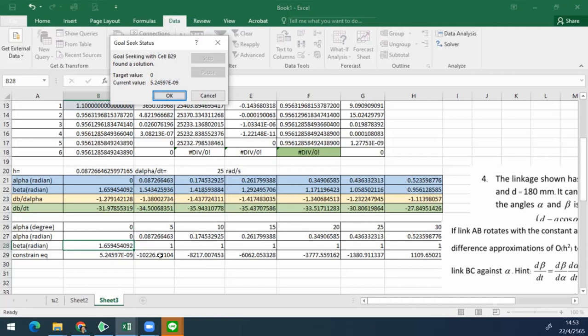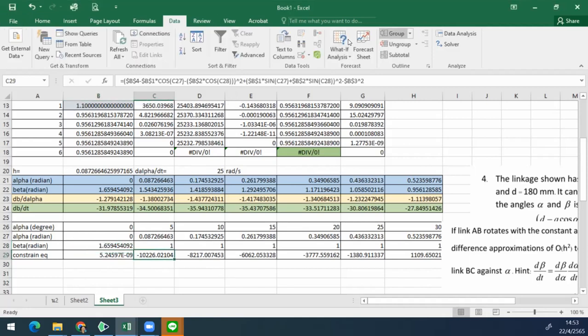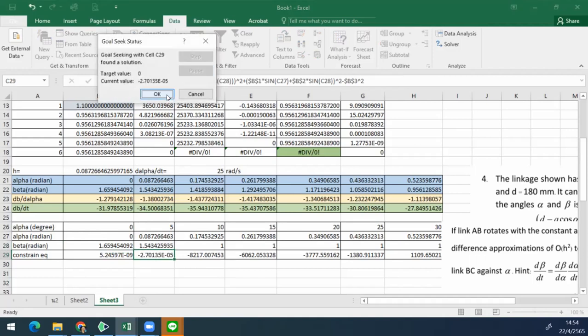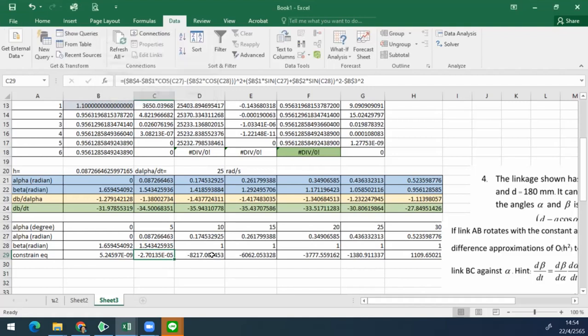Do it again, use the Goal Seek function, set up this cell to be 0, and change this cell. Then we also have the data that is very close to our result that came from the secant method.